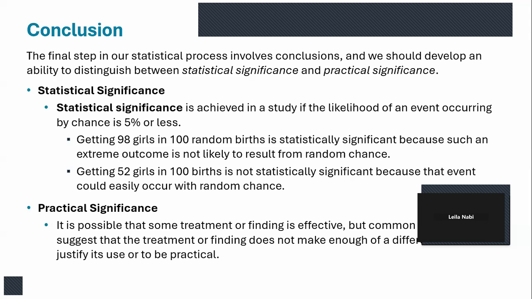For example, in each birth we have a 50-50 chance of getting a girl or boy. But getting 98 girls in 100 random births is statistically significant, okay? Because that's an extreme outcome, which is not likely to come from random chance. But if you get 52 girls in 100 births, it is not statistically significant because that's completely by random chance.